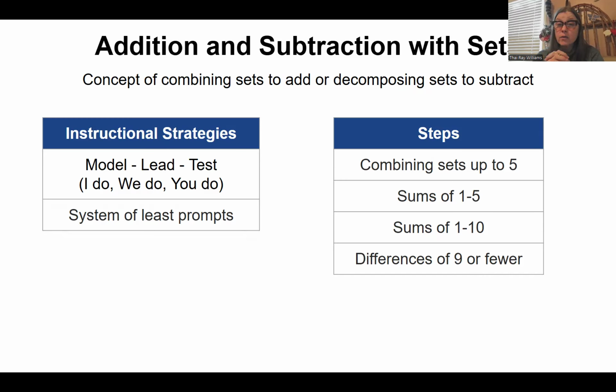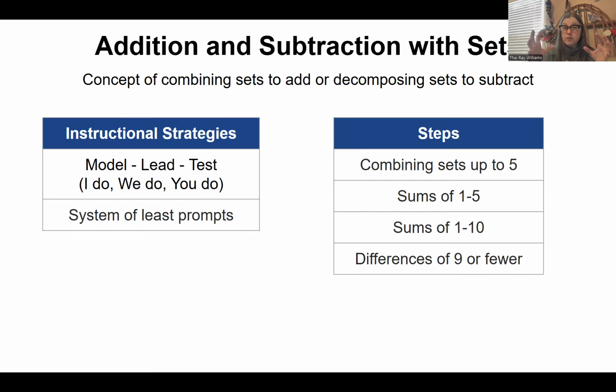And so in that one, in that case, you would have an equation. So you might have 3 plus 1, whereas before we just had one object and 3 objects that we put together. There were no numbers attached to it. We weren't told how many they were. We just combined them. In the next set, we're going to have an equation. So 3 plus 1, in this case, we would make a set of 3.